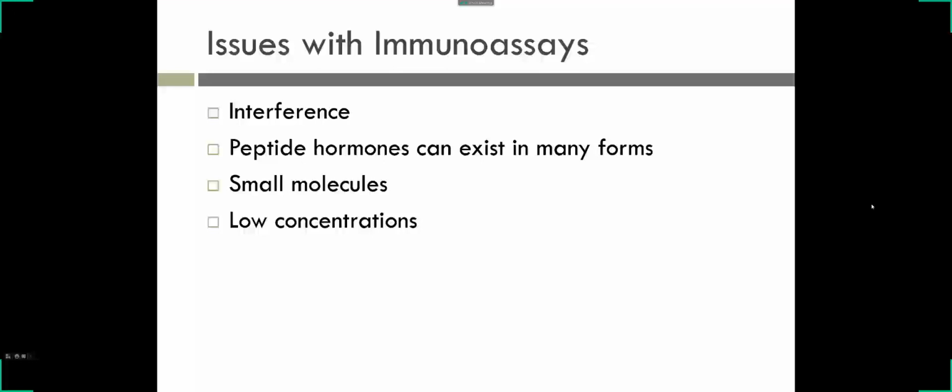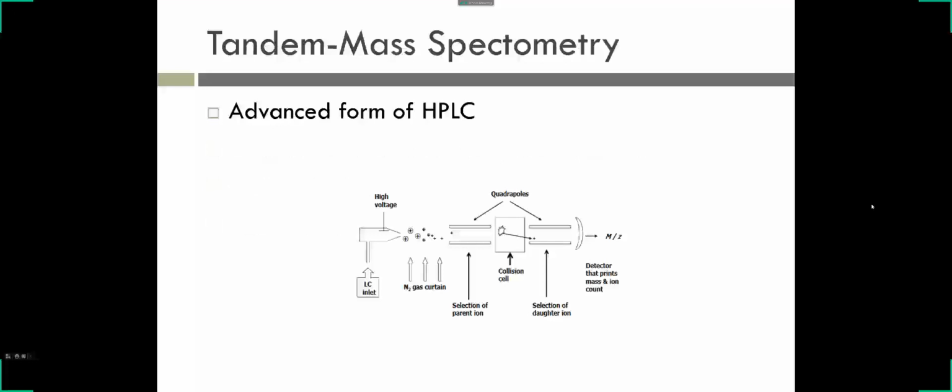So will you be able to measure all of these forms? Some of the hormones are very small molecules, so it's difficult to get antibodies to them, or you won't be able to label them. And as I mentioned, some of these concentrations are very, very low, picomolar levels. So it sometimes becomes difficult in immunoassay to detect those smaller numbers.